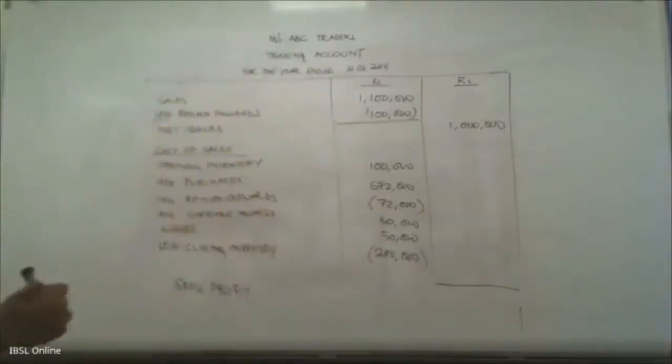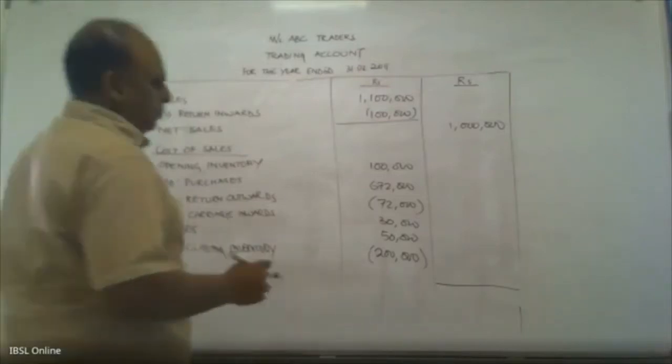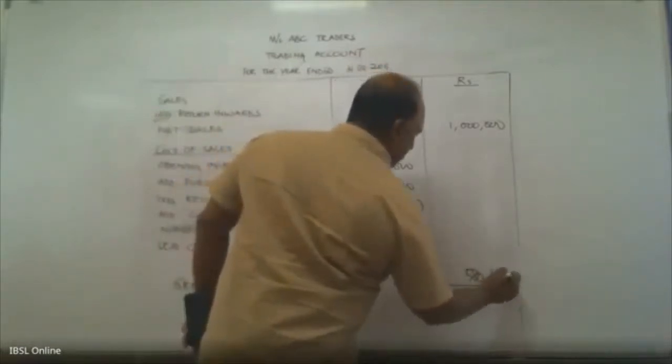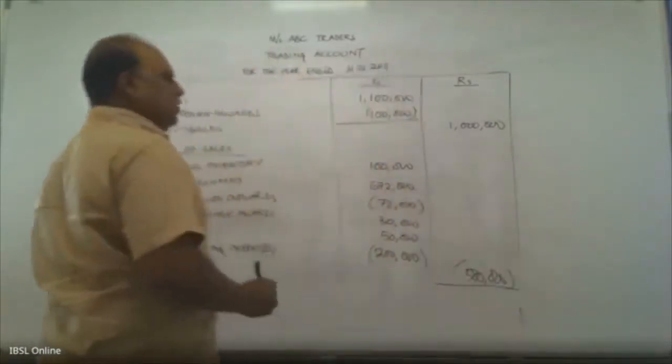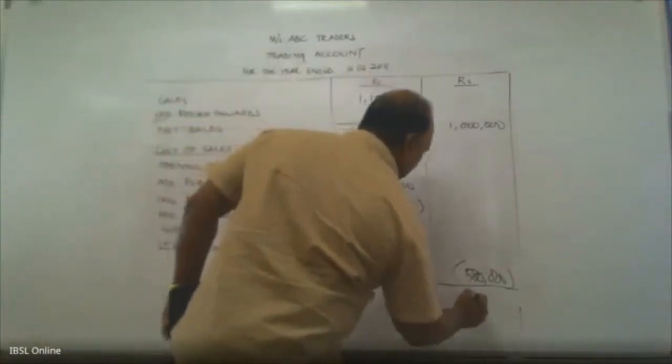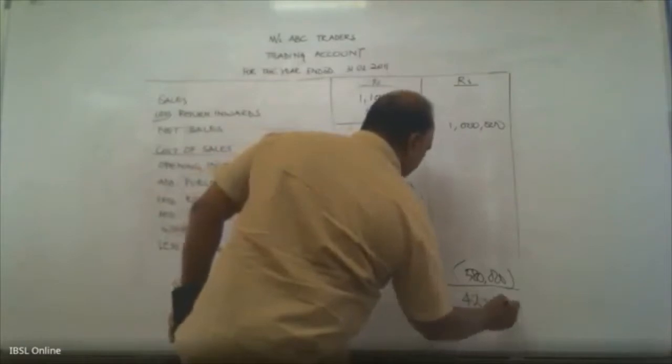So what is the total there? 672, 600, 700, 780, I think 580. So the cost of sales is 580, which means it is a profit of 420.